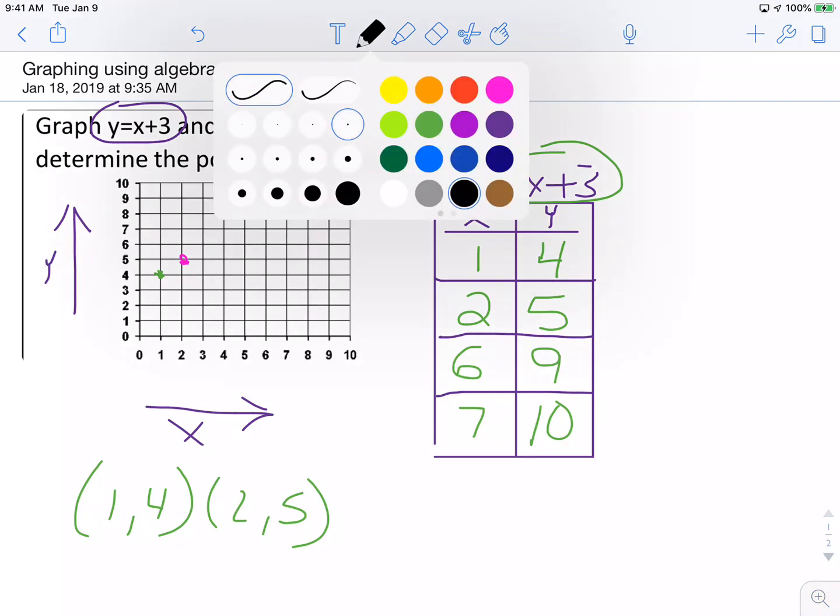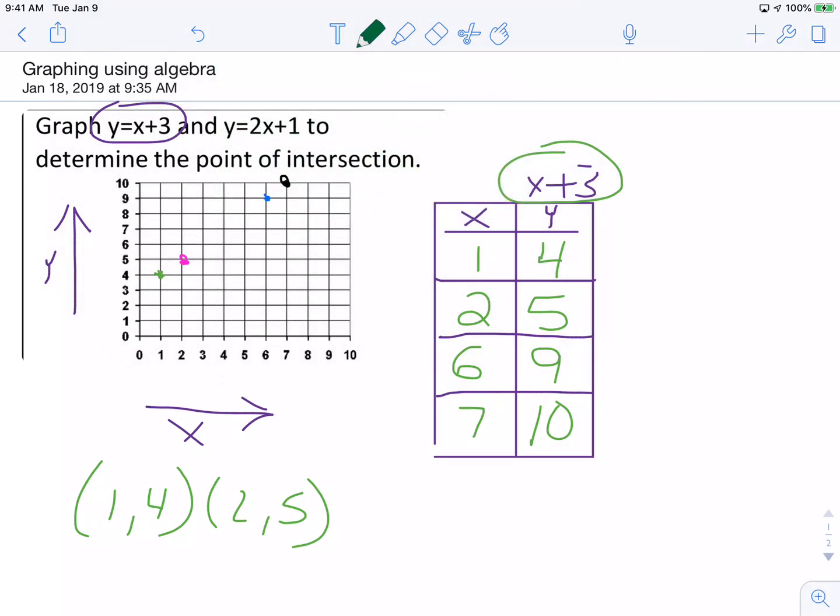And then they want you to graph it. So in order to graph it, I want to start on the y-axis itself at 0.